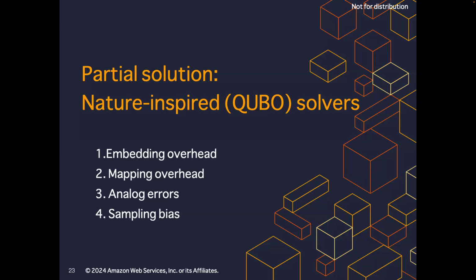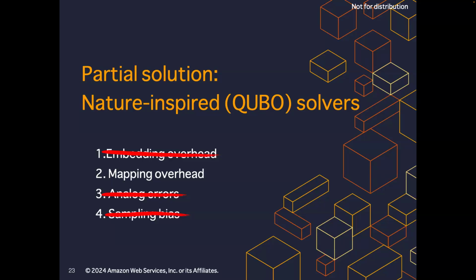And if you have an algorithmic approach to annealing or quantum annealing, or if you can build a perfect quantum annealer, then you can get rid of certain issues like embedding, if you have an all-to-all connectivity, analog errors, if you build a digital device, the sampling bias, well, you might use a different type of algorithm than quantum annealing to solve this.